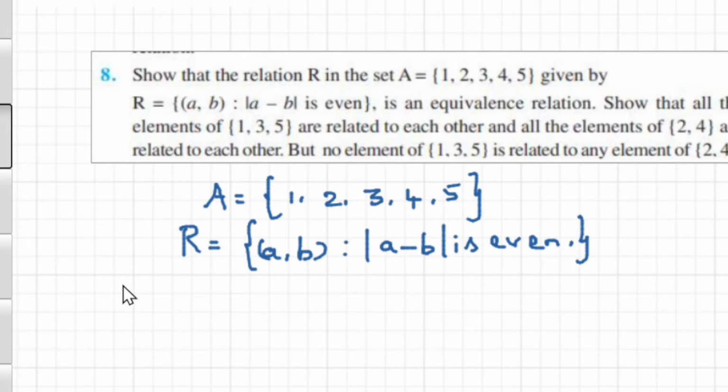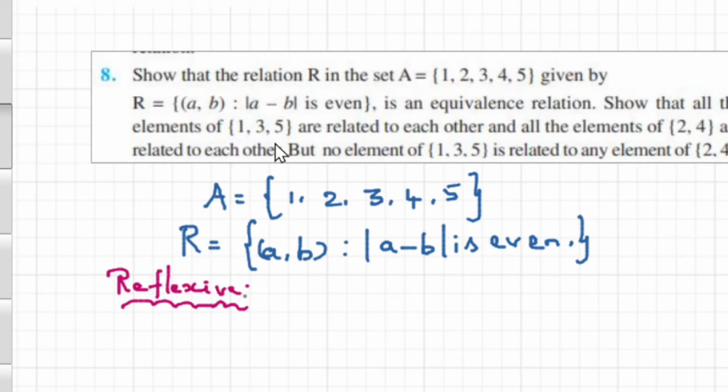We first take reflexive. It is given, show that all the elements 1, 3, 5 are related.